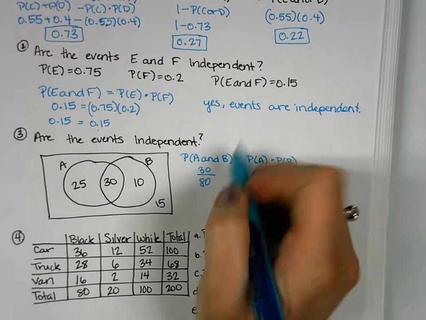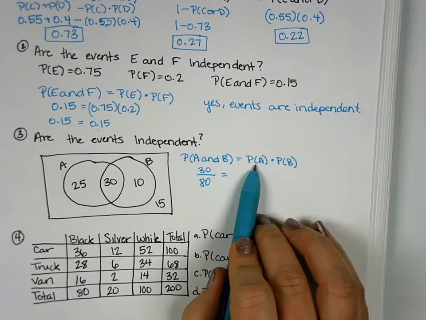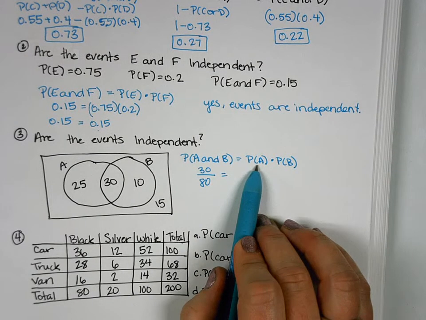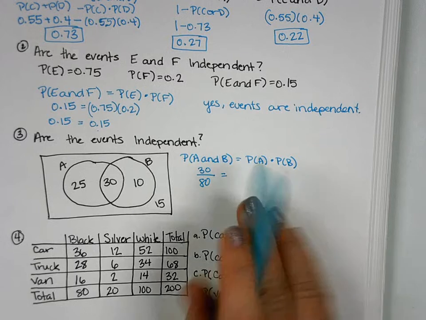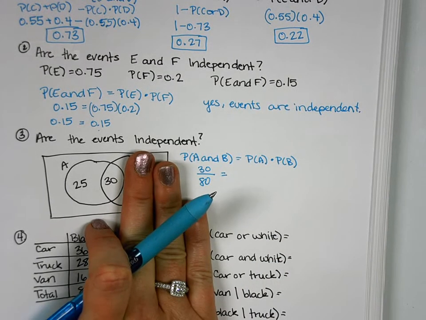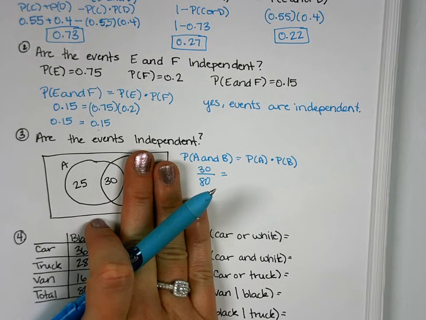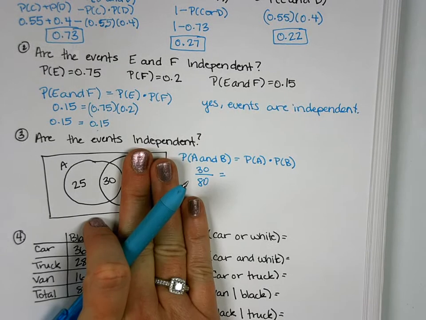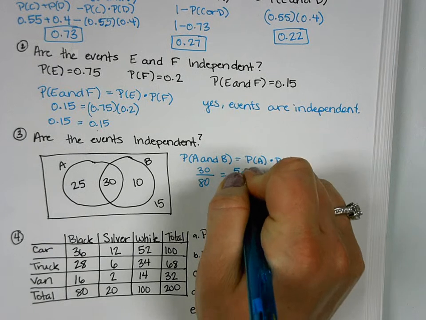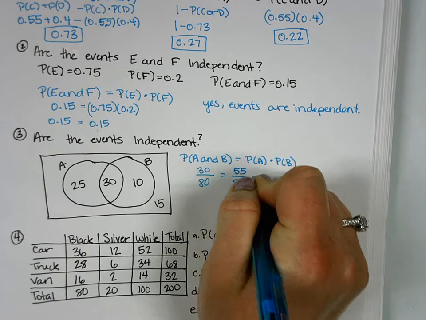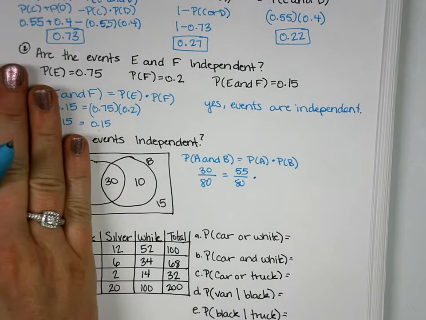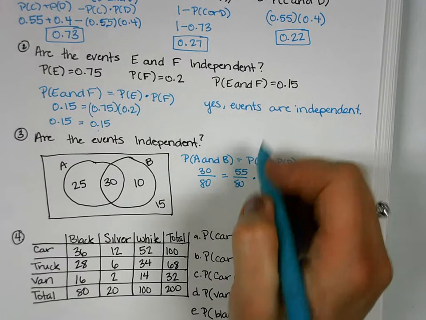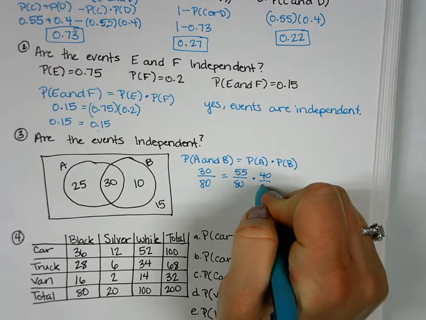Okay, and then on the other side, what's the probability of just A? That's where we look at just the A circle. What's our total there? That whole circle? 55 out of 80 times, and then what's our probability of B? 40 out of 80.